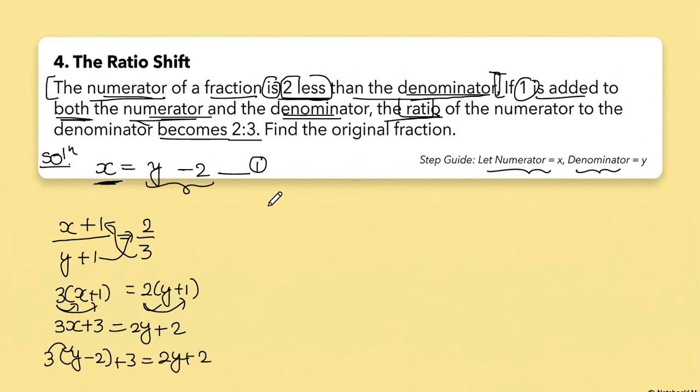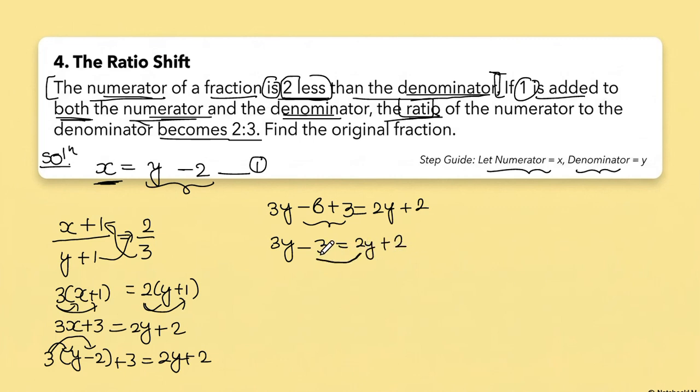So what you will get? 3 into y, 3y, minus 3 into 2, which is nothing but 6, plus 3 is equal to 2y plus 2. So let's collect the like terms. So 3y minus 6 plus 3, which is nothing but minus 3, is equal to 2y plus 2.